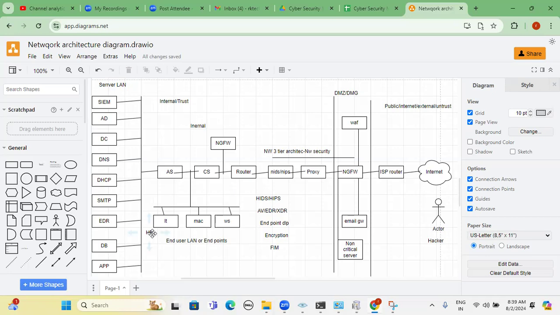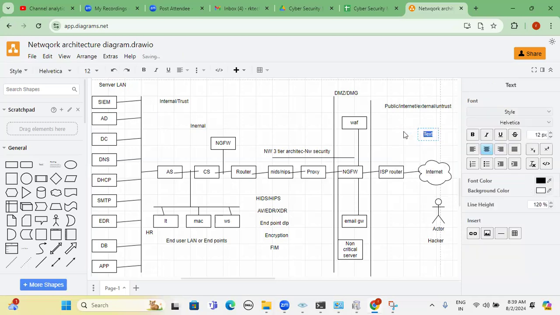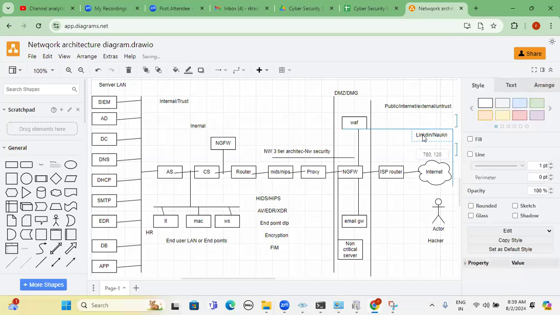Then they will try to see which skill set a person has whenever someone applies for a job. Now, where that Naukri and LinkedIn normally sit, it is untrust or the internet zone. This HR person will go and see the skill set of the job applicant. He will try to download that particular resume and see the skill set.